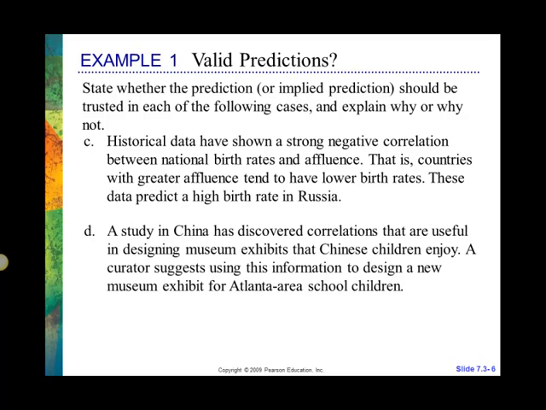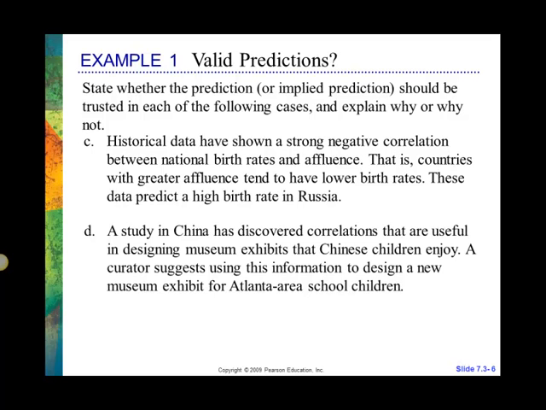We have historical data showing negative correlation between birth rates and affluence. So the greater the affluence, the lower the birth rates. Would this be useful today? Possibly, but possibly not, because it's old historical data.